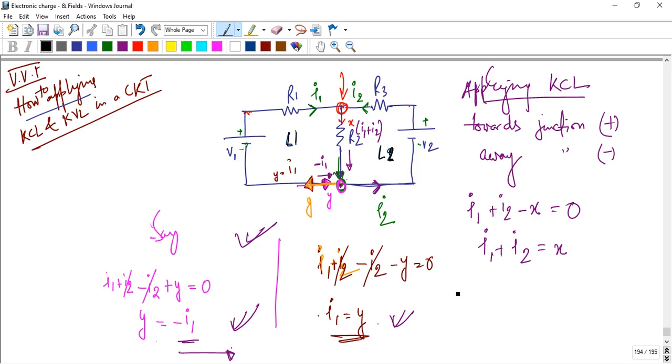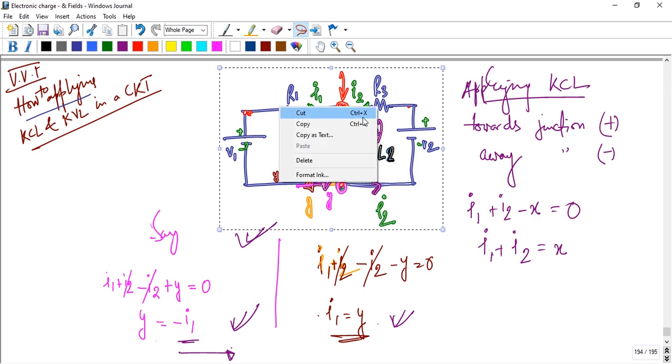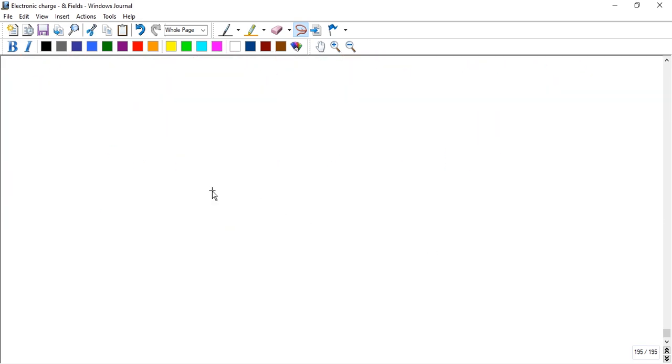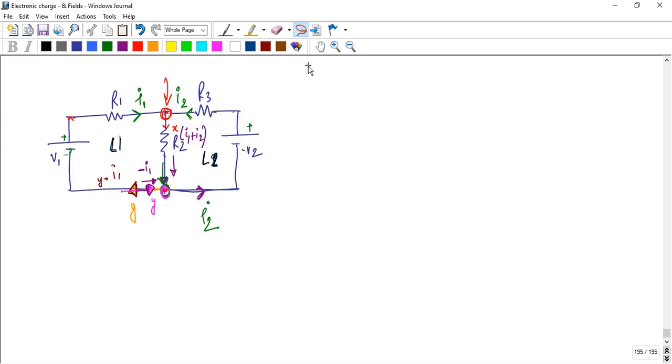Now we apply KVL, so copy the diagram first, and erase some excess first.